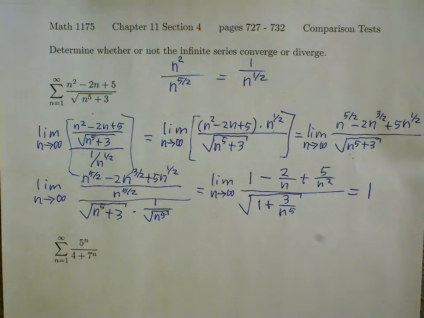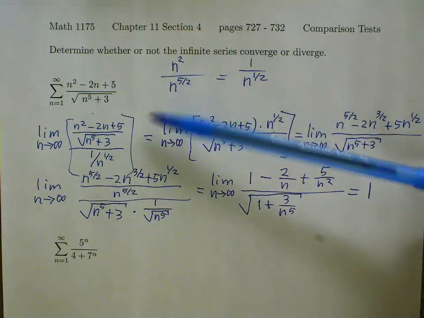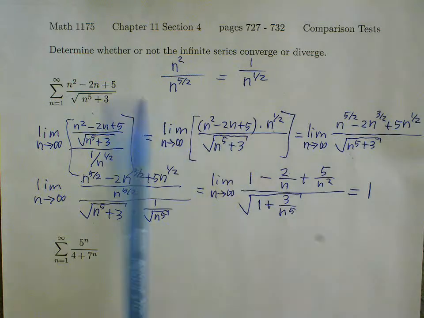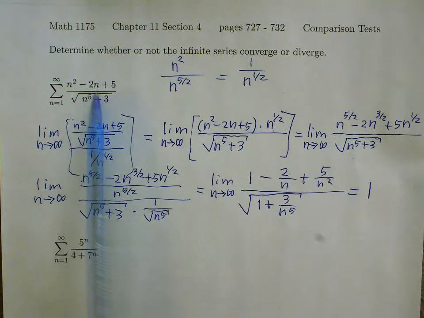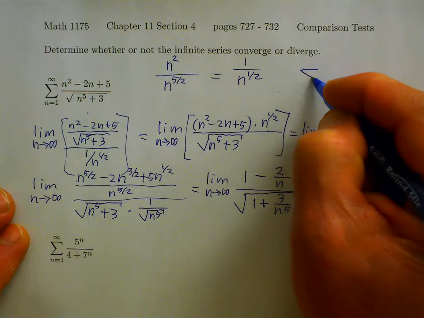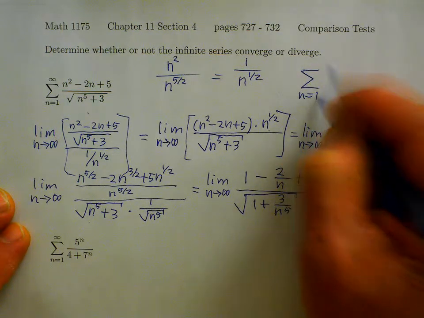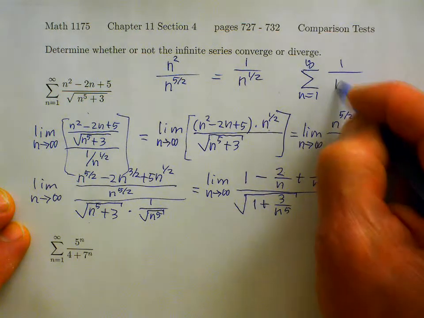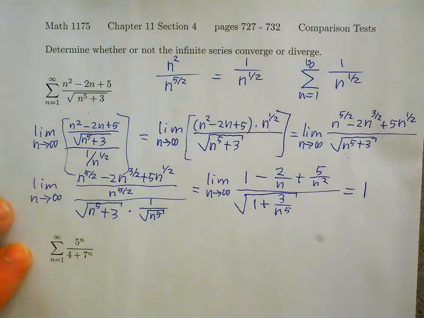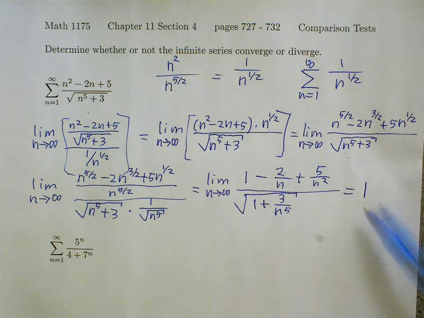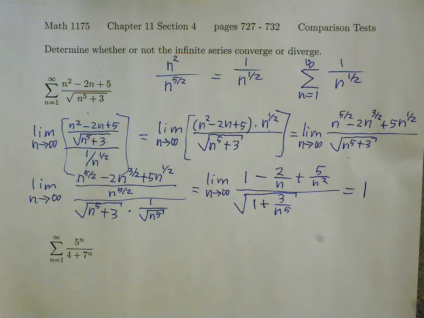Okay, so according to the limit comparison test, since the limit of the terms from this series and the terms from another series, the p series of 1 over n to the 1/2, since the limit of the ratio equals a positive finite number, that means either both series converge or both diverge.